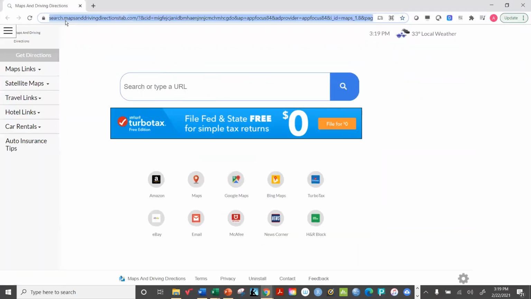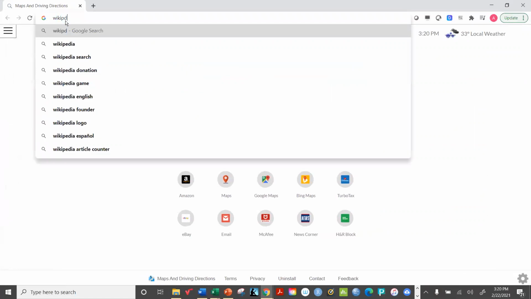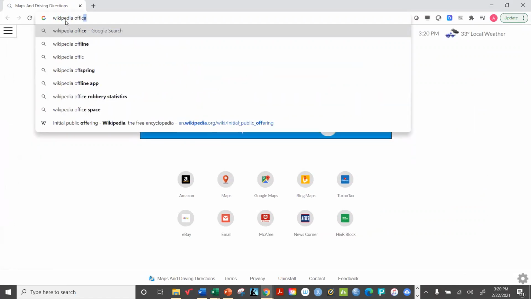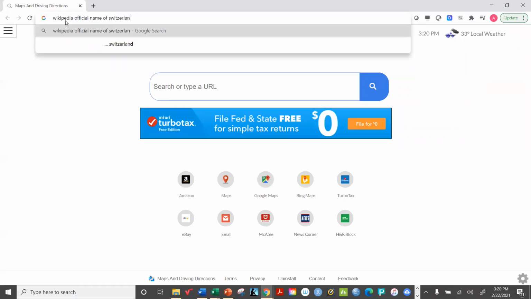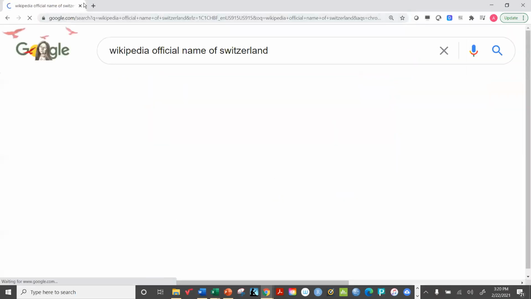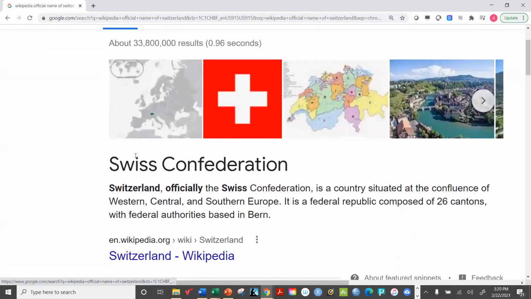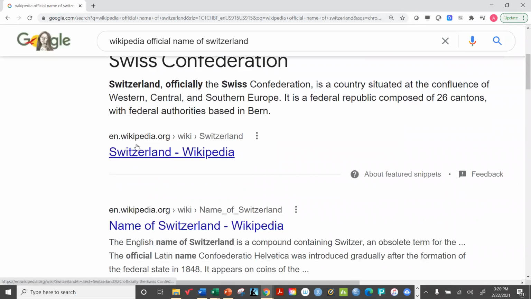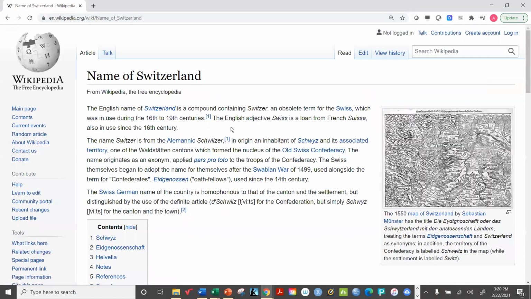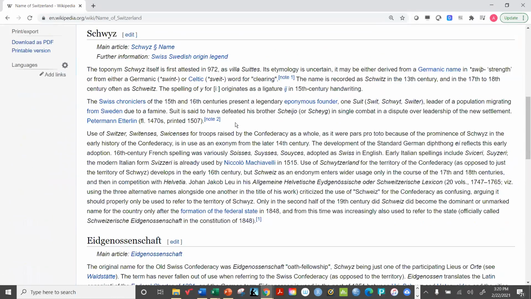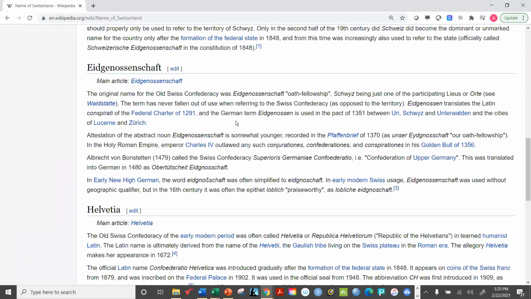Now here's the reason for that. I think Wikipedia has an article about this. The bottom line is we call Switzerland Switzerland. That's not their real name. It is the Swiss Confederation, but their Latin name is completely unpronounceable.